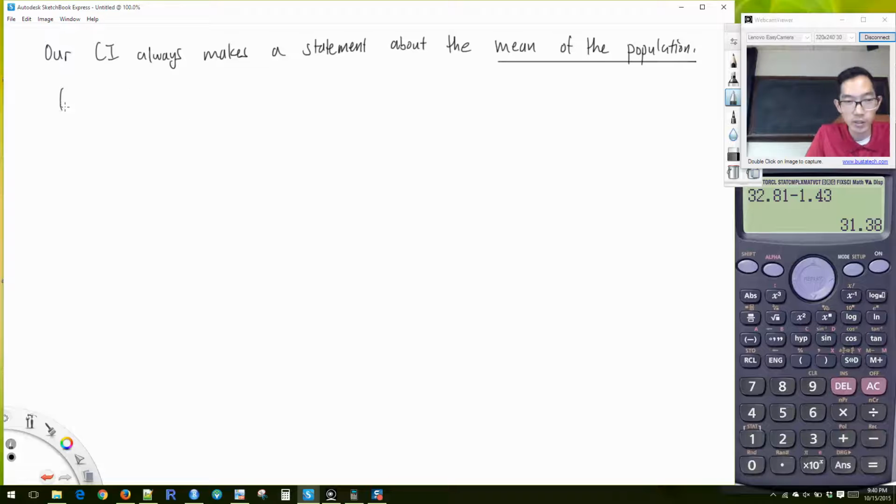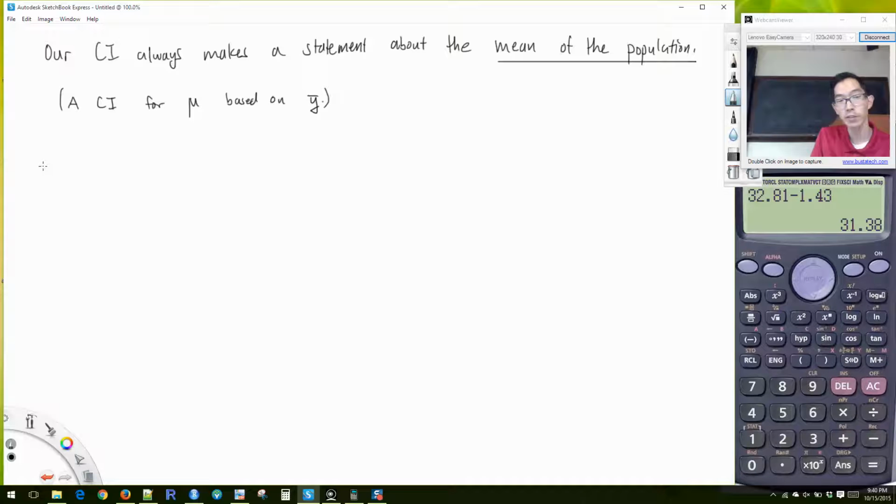So we might say it's a CI for mu based on y bar. We might also write something like that, okay?